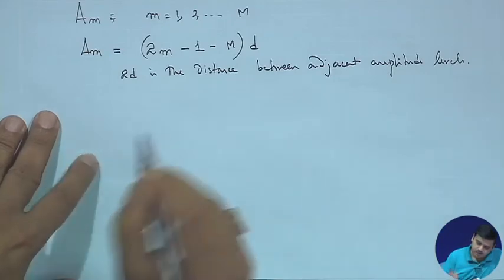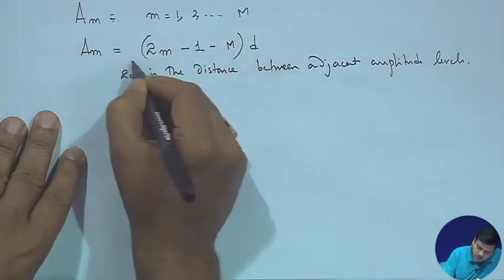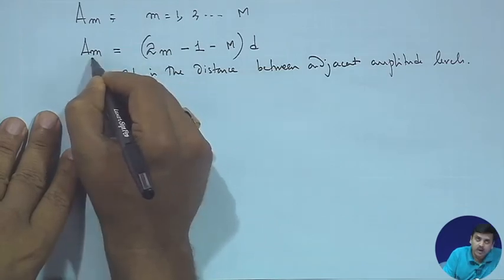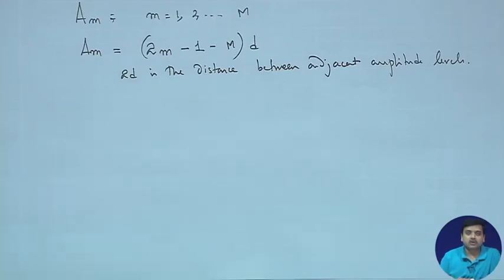This is one particular way of mapping to amplitudes. This is not a hard and fast rule that you must follow, but this is one standard methodology by which you could select amplitudes.